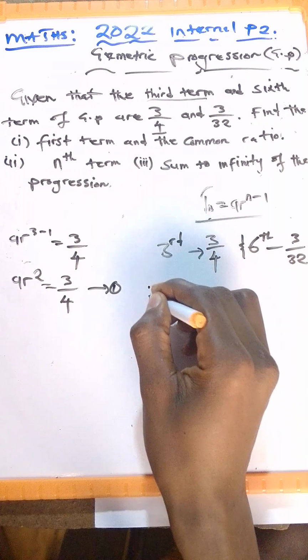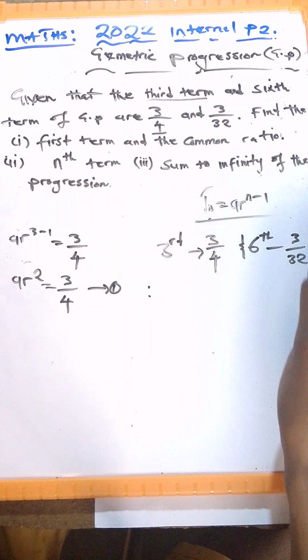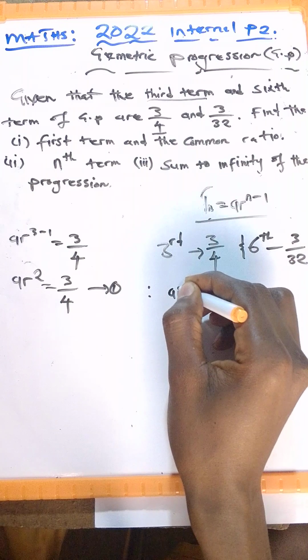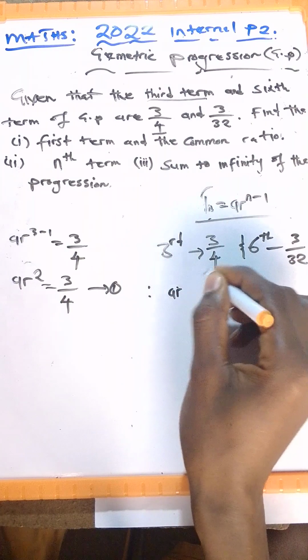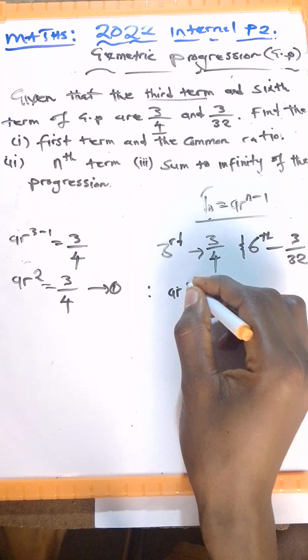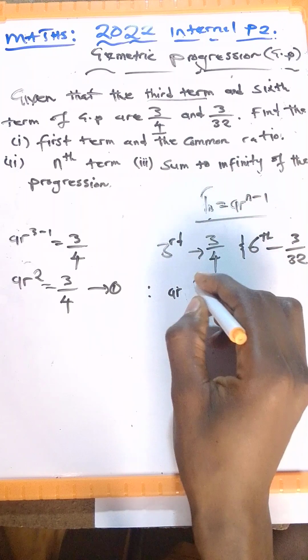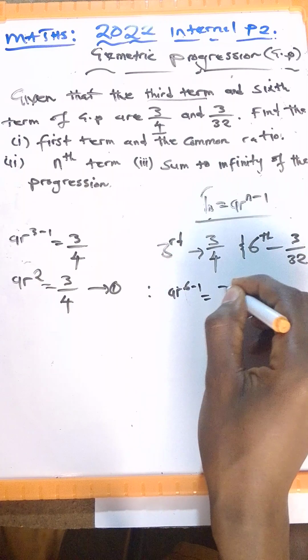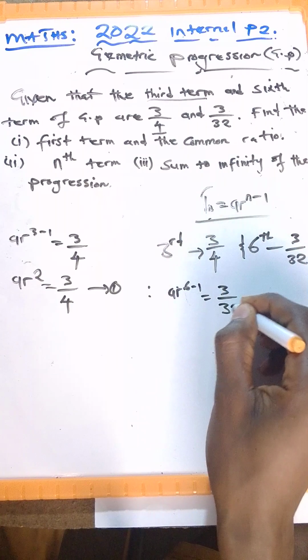Then the second equation, we're going to get this one now. ar, where there is n, we'll put now 6 minus 1, which is equivalent to 3 over 32.